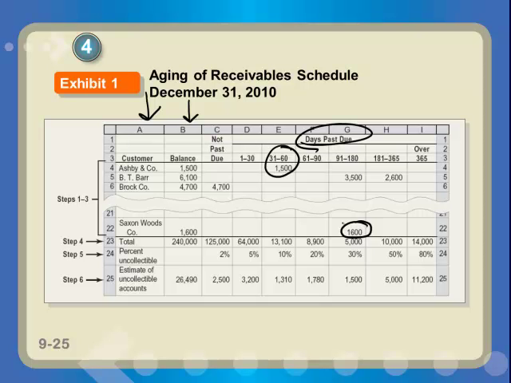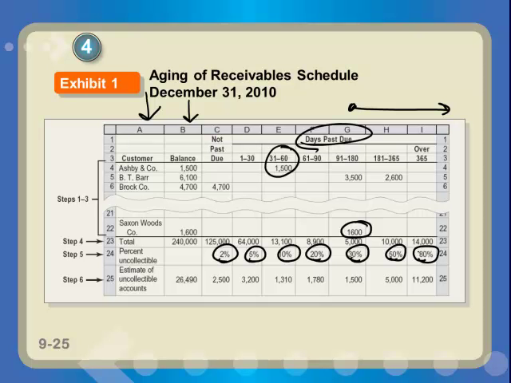So we could do this a couple different ways. We could just say, anybody from this column over, we're going to assume uncollectible. The way they do it on here is they take percentages. And that's just another way you can do it. You're going to estimate whatever way works for your company, whichever way is the most accurate.